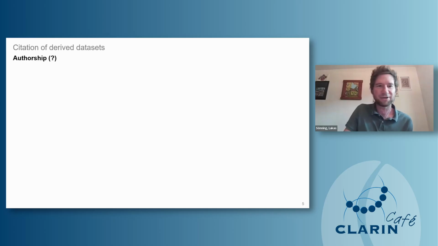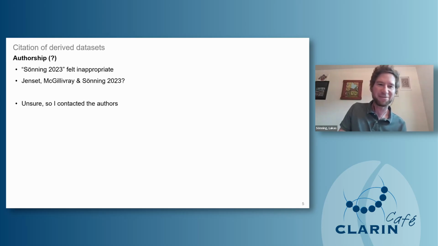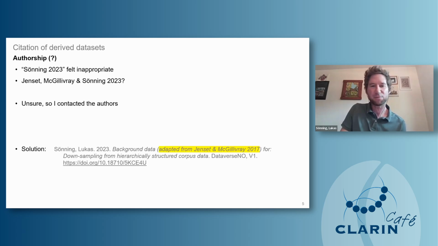So I had to decide on an adequate form of citation. And it really didn't feel right to publish it under my name. So what I did was I contacted the authors and received a very quick and friendly and generous reply. I gave them a few suggestions, and they said they were comfortable with the following one.